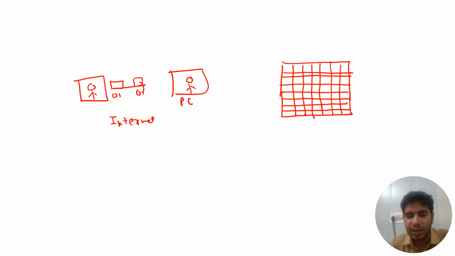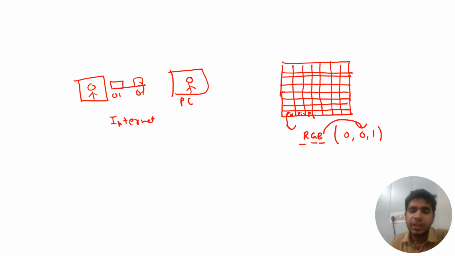So this is a pixel, this is another pixel, and this is another pixel, and each pixel has an RGB value, like a red, green, blue value. Whatever the value of it, suppose it's 0, 0, 1, then the combination that we will get is blue color. So here it will be blue color. Okay, so this is what we see on our screen. Whatever we see is in pixel format, and using the pixel format, the image is constructed.